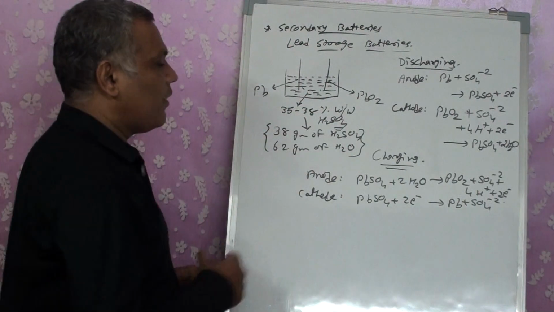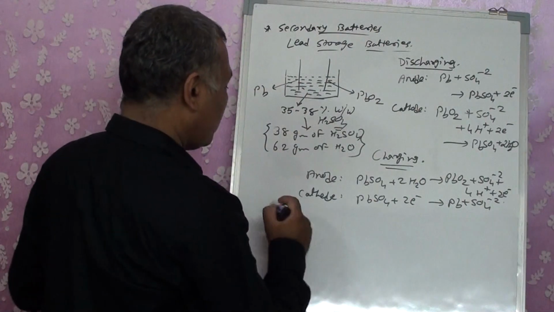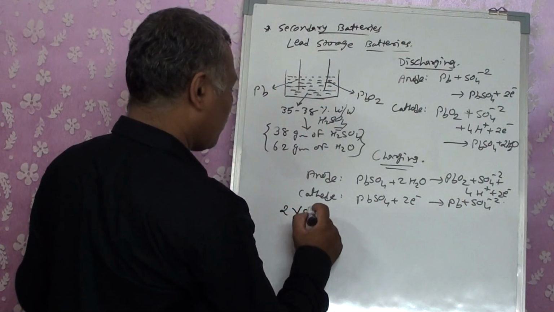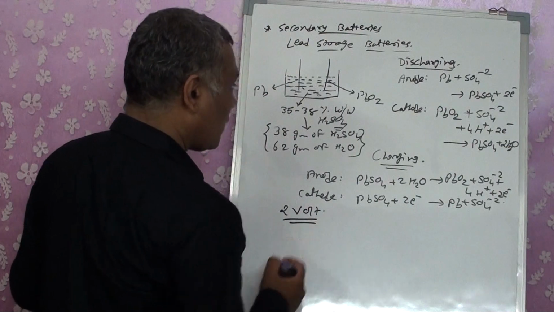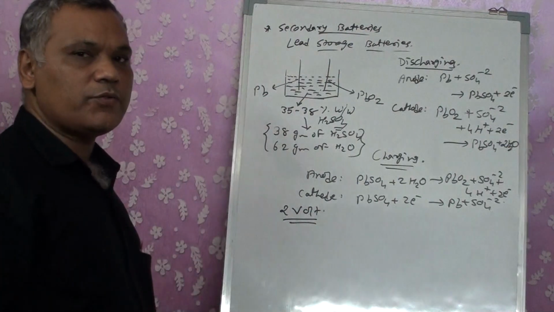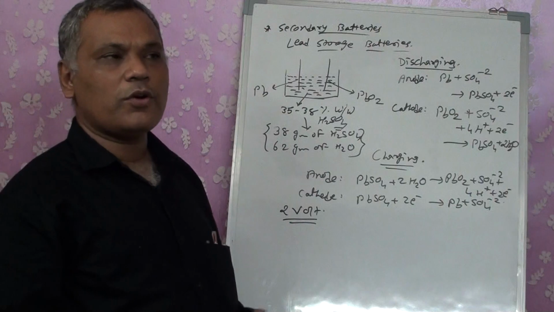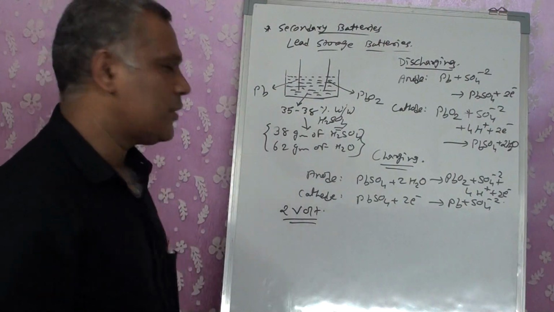In this case, when this reaction is carried out, it actually produces 2 volt. Right? But when we use batteries, we know that we are using 12 volt or 24 volt batteries. What does it mean?